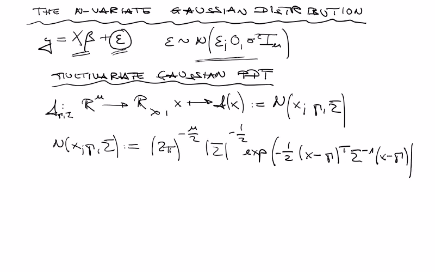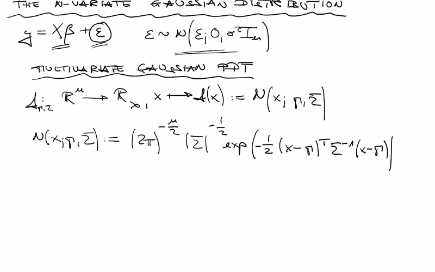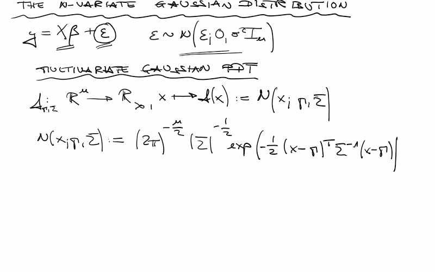Yeah. So that's the multivariate Gaussian probability density function. Of course it describes a probability distribution, and we will discuss its intuition later on, specifically when we talk about bivariate and also univariate special cases of this.